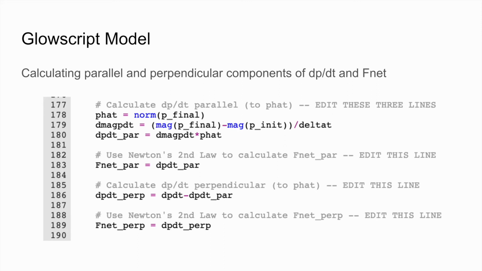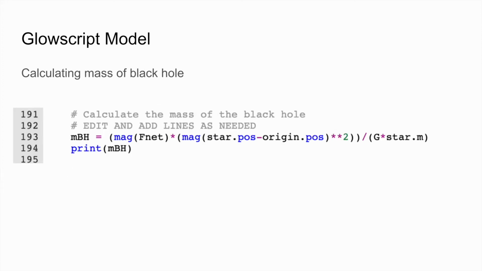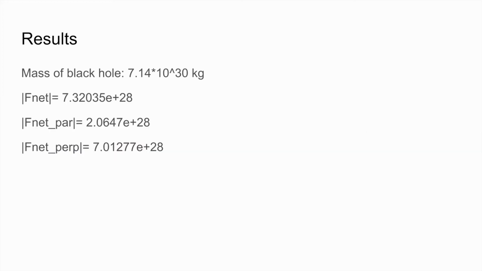So we have p hat is equal to the normal vector of p final, and then we calculate the magnitude, and we find F net parallel is equal to dp/dt parallel, and we have F net perp is equal to dp/dt minus dp/dt parallel, just by rearranging that equation. Then finally, we calculate the mass of the black hole using the formula stated earlier, where we solved for m2. And for the results, the mass of the black hole is about 7.14 times 10 to the 30 kilograms.